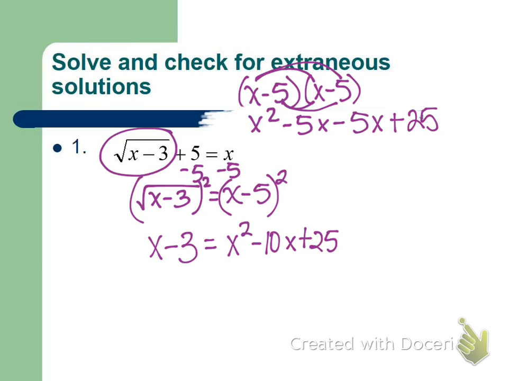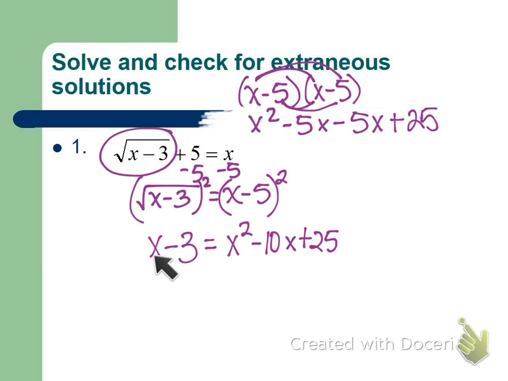If we are trying to find x and we are left with a quadratic, meaning that it's squared here, we need to get it set equal to what? 0. Somebody remembered. If you're trying to solve a quadratic, you need to get it set equal to 0 in order to solve it. So I would recommend leaving the x squared alone, leave that whole side alone, and move everything else to be with it.